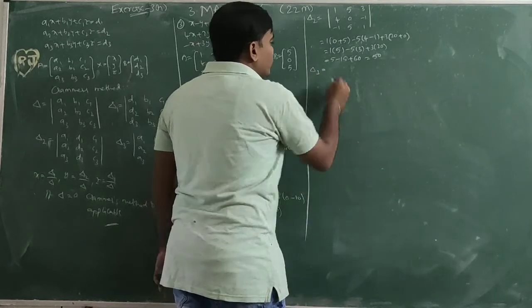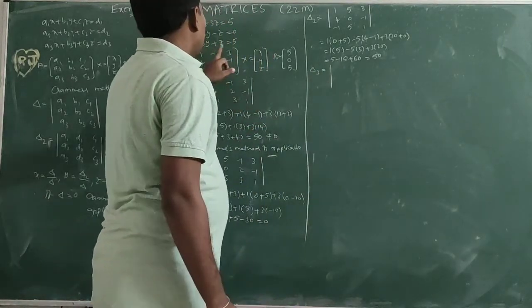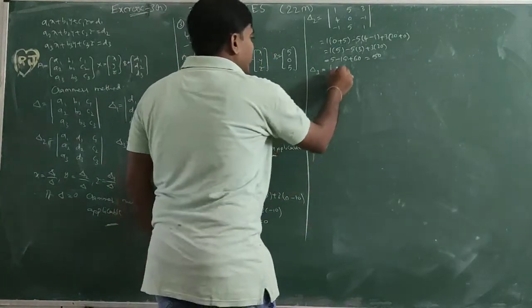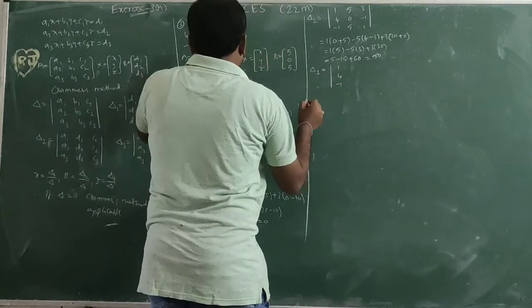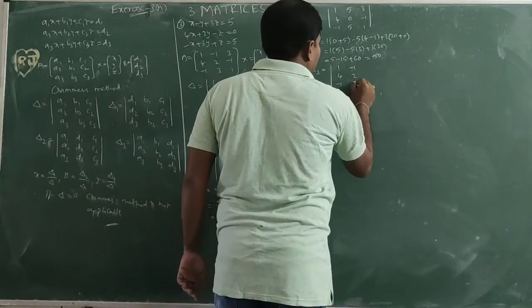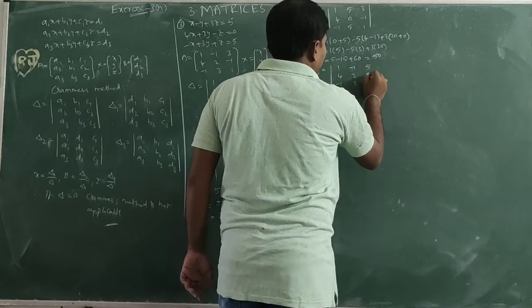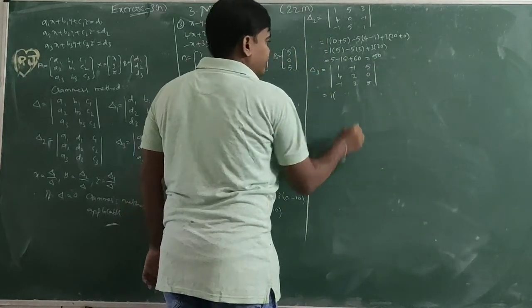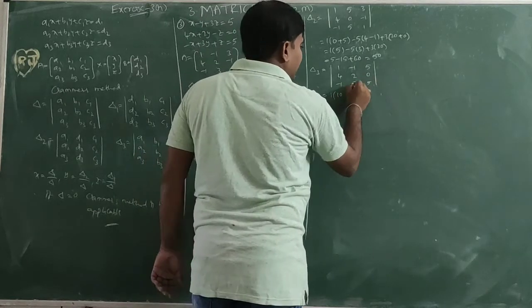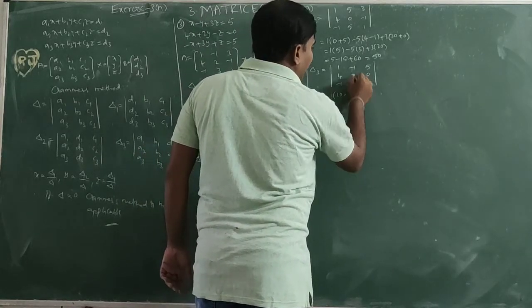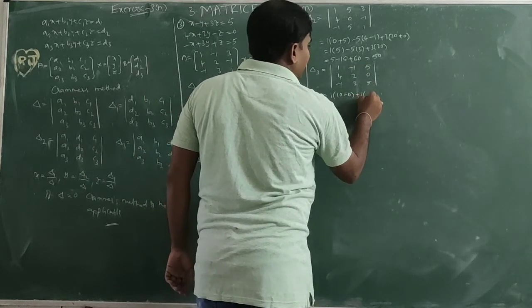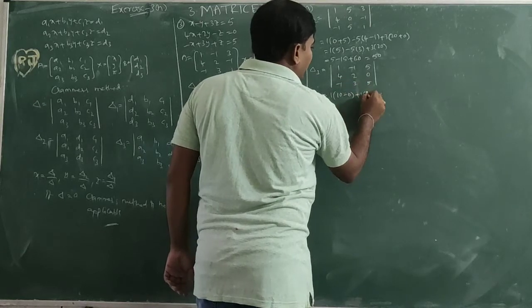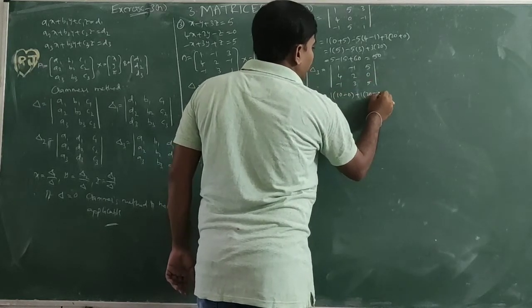Delta 3 equal to, replacing the third column. So first column is 1, 4, minus 1. Second column is minus 1, 2, 3. Third column, 5, 0, 5. 1 of 2 into 5 is 10, minus 0. Minus 1, minus 1, changing the sign, plus 1, 1. 4 into 5 is 20, minus 0.